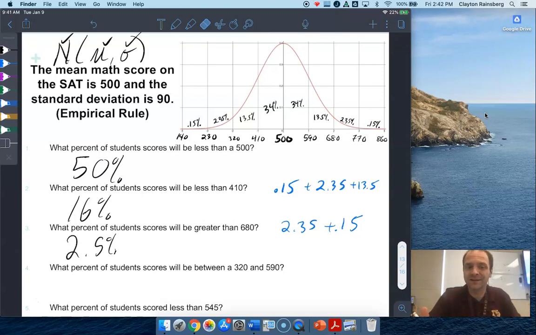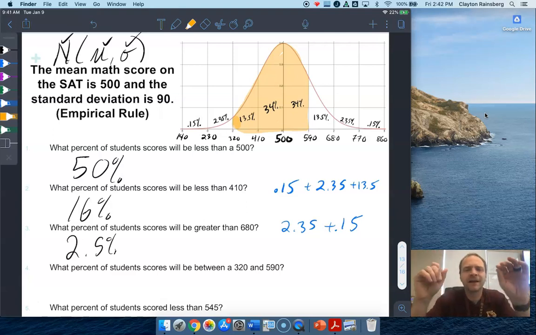So 320 to 590. Now this one, if I were to go from 320 right here to 590, which is right here, now you could add up the numbers that we see. I could take 34 plus 13.5, and I can get my answer. Now me, I take 68 and I add 13.5. And I know that's the same as 34 plus 34, but just bear with me. I could see there is some symmetry from one standard deviation to the left and one standard deviation to the right.